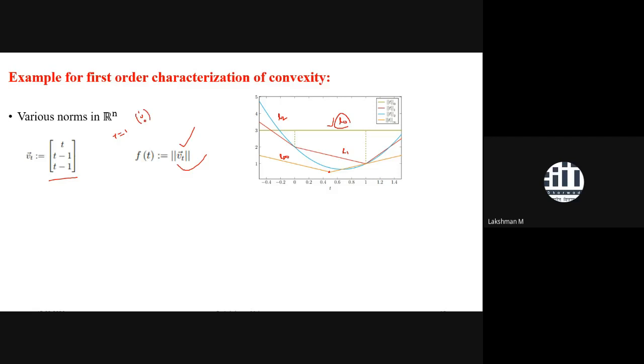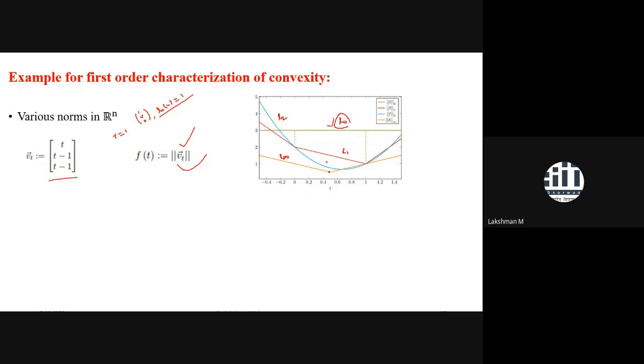The L0 norm would just count the number of non-zero entries in that vector. How many non-zero entries do you observe? Just one non-zero entry. So the L0 norm would be 1. L0 is a counting norm, so it will take the value 1 here.